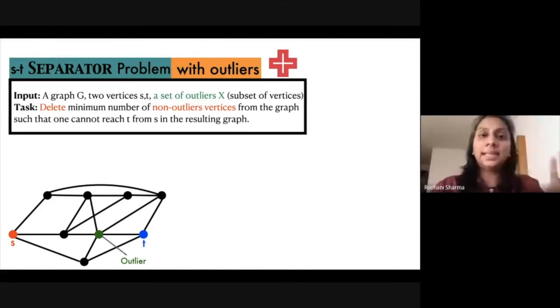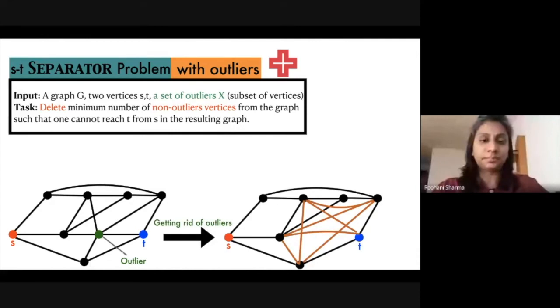And there's an easy way to do it. For example, look at the neighbors of this green vertex. Between any two neighbors, for example this neighbor and this neighbor, these two can be reached via the green vertex. In other words, if the virus has reached this vertex, then it can reach this vertex via the green outlier vertex.